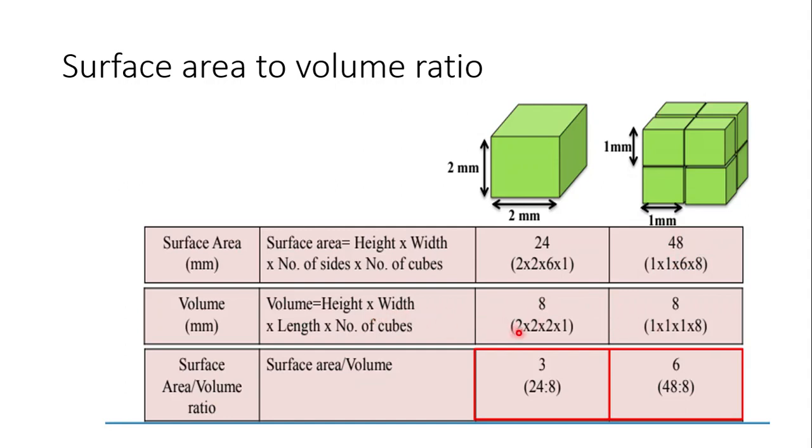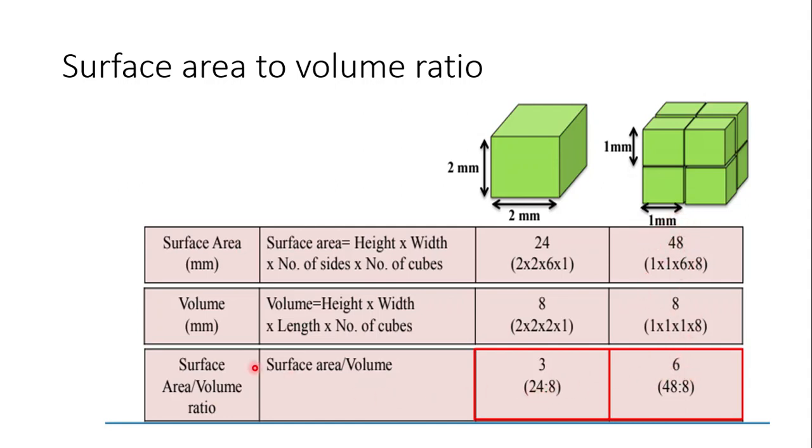How? Because it is height, width, length into number of cubes. Here the height is 1, width is 1, length is 1, and number of cubes are 8. So it becomes 8. Now when I divide this surface area with the volume, I get 3 in case of the larger cube. And when I divide this 48 with 8, I get 6.